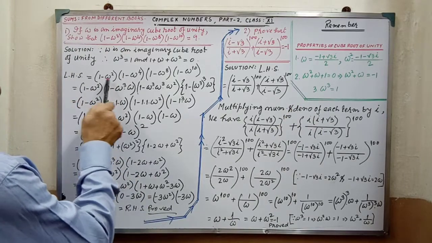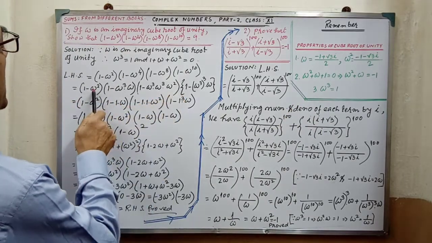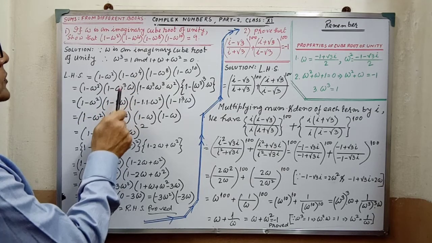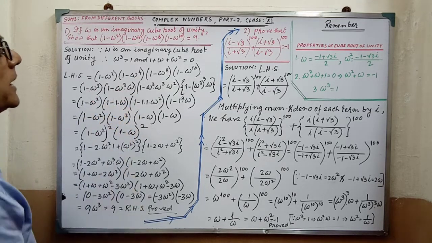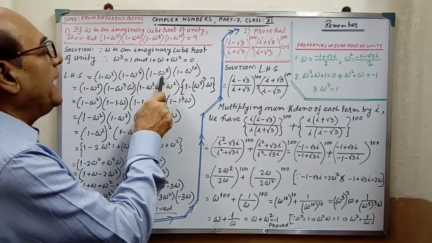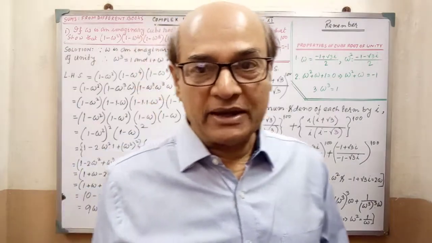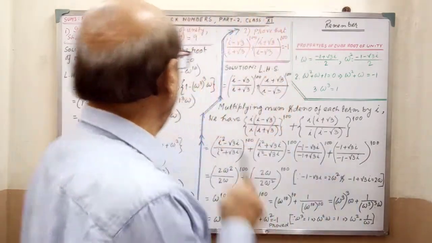Now after writing the left hand side, we have to simplify. Omega to the power 4, we may write as omega cube into omega. Omega to the power 8, we may write as omega cube whole square into omega square.